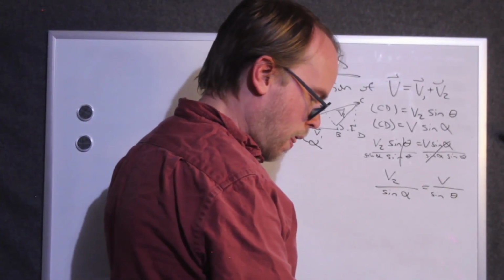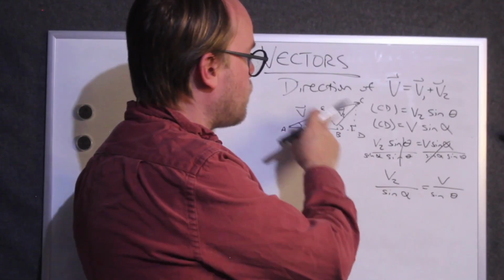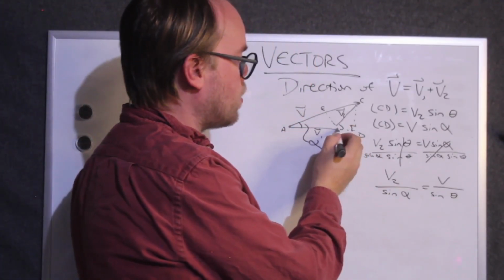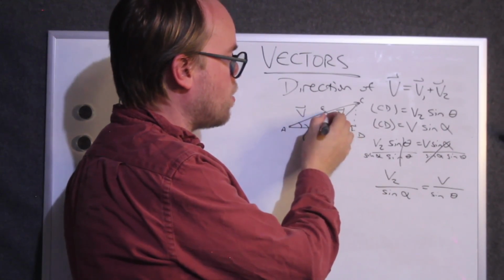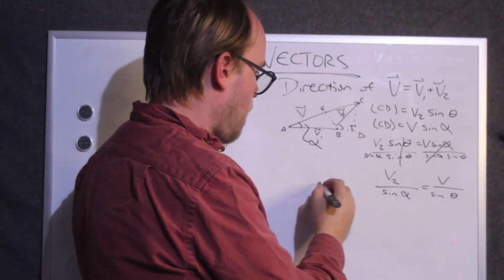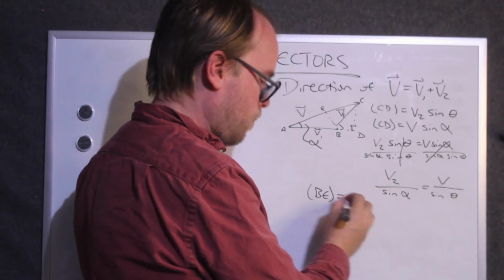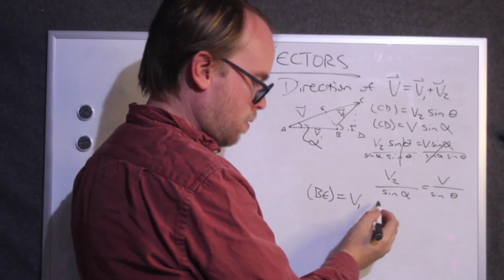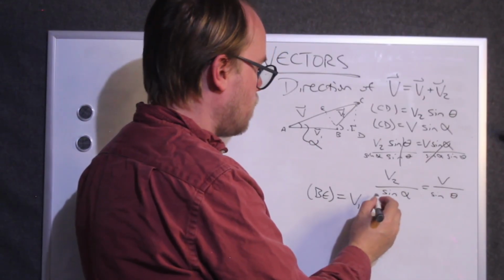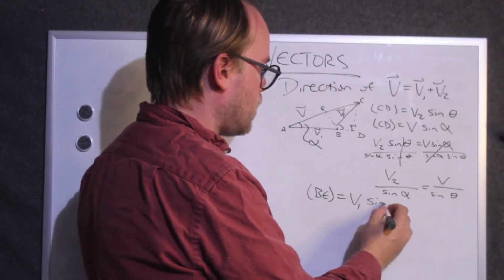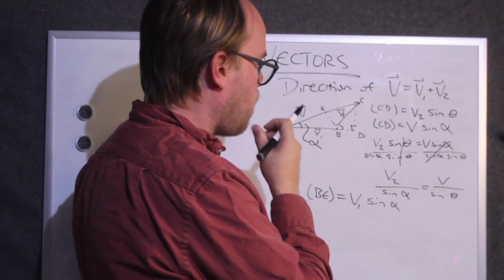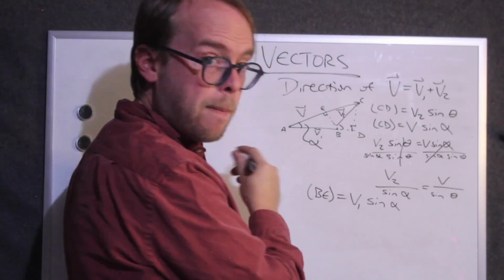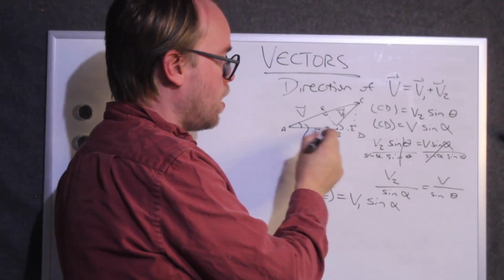And similarly, because of BE, so B down here at the bottom of this triangle to E here, that equals V1 sine alpha, because this is a right angle, right? So we can still do these relations.